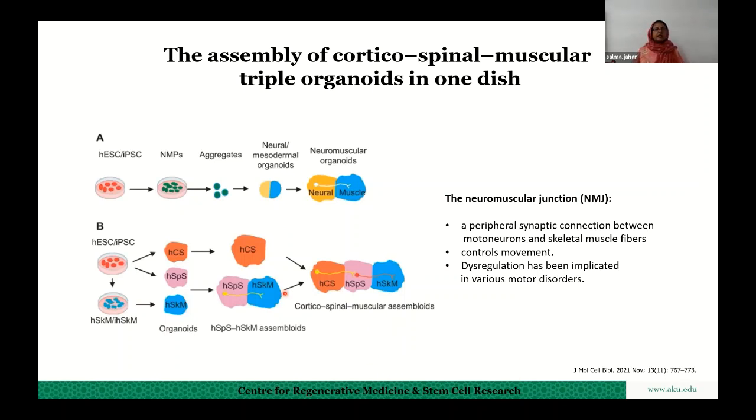Here you see you generate all three different types of organoids, utilizing induced pluripotent stem cells and the skeletal muscle tissues, and then combining all these three organoids they generated from different areas of the body. And you see the beauty of this triple organoid system: they're all connected to each other and they're communicating.